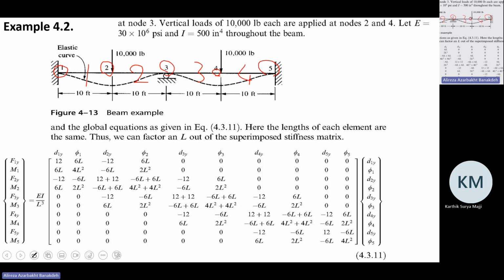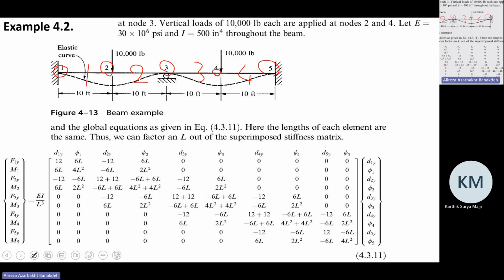You can imagine the small stiffness matrix, which is 4 by 4, is the same for all of them, right? So we have one stiffness matrix for all of them. And when you have a 4 by 4 matrix for all of them, you need to assemble the big matrix. This is something that the author just skipped because it's done in the previous example, and it's assumed that it's very easy to do.